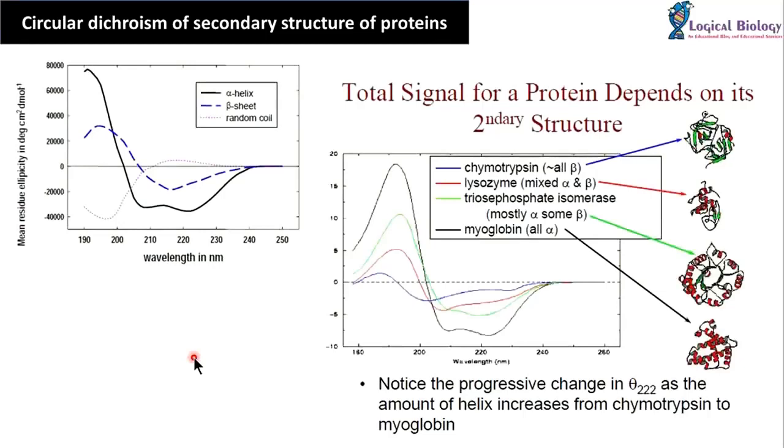So we can get very good information about the percentage of different secondary structures in the protein. It was a very nice example to discuss and understand.